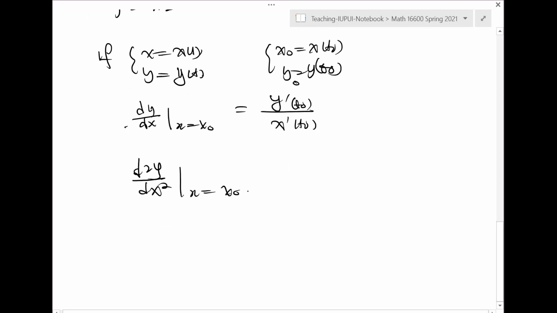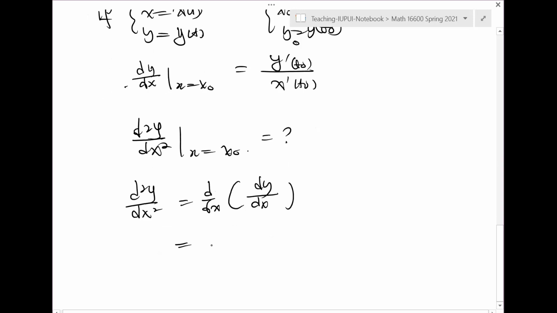To do that, let's derive some formula. So this is d/dx of something, and we already know what that is.